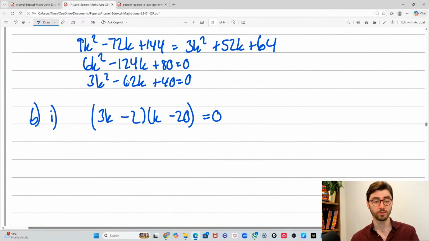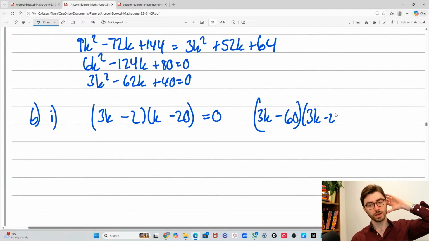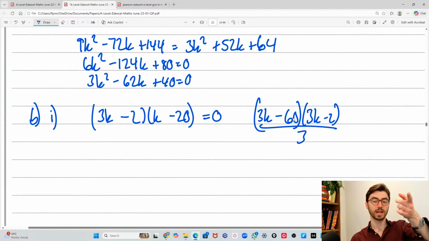I could have done what I did before, and called it minus 60 and then 3k minus 2 all over 3, where the 3 would cancel with this to form the k minus 20.